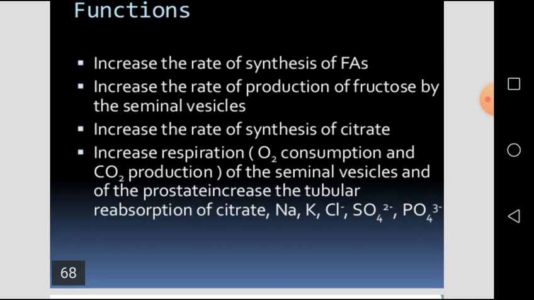It increases the respiratory rate, that is oxygen consumption and carbon dioxide production, of the seminal vesicles and the prostate. It also increases the tubular reabsorption of citrate, sodium, potassium, chlorides, sulfates and others.